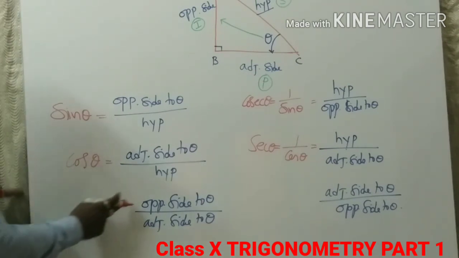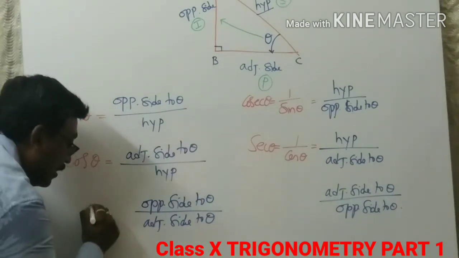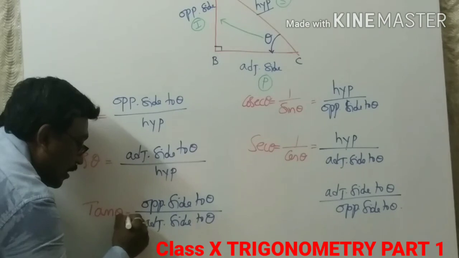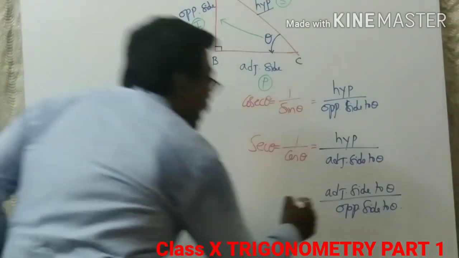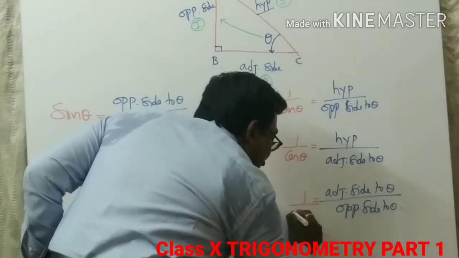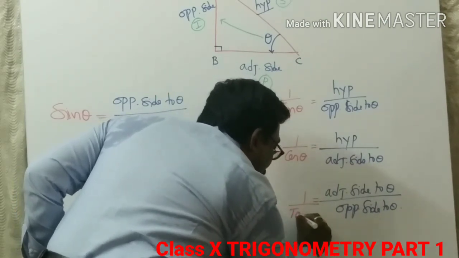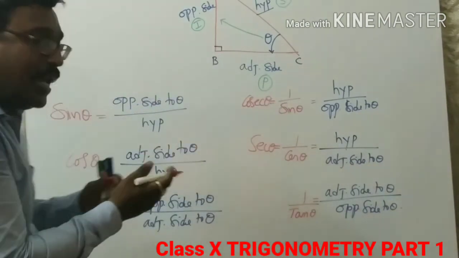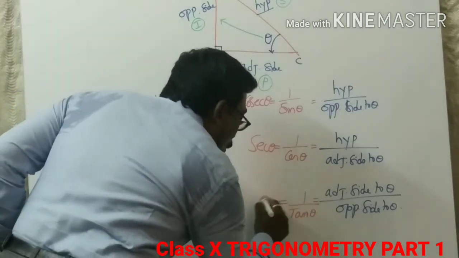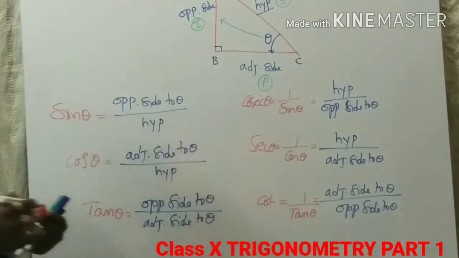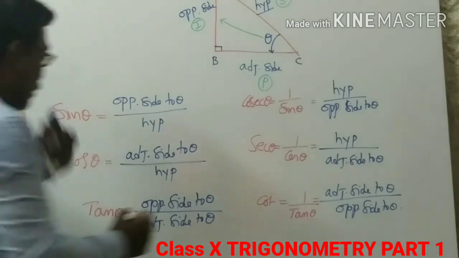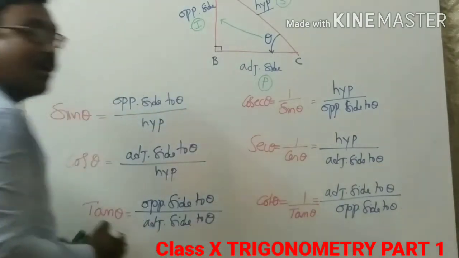And the third one, opposite by adjacent, is tan theta. Then it is cotangent theta. Reciprocal of tan is nothing but cotangent, C-O-T, cot theta.